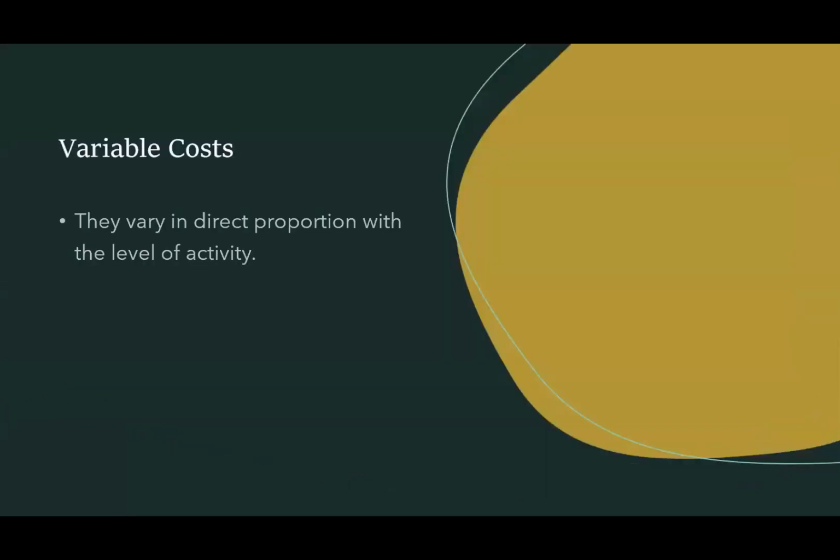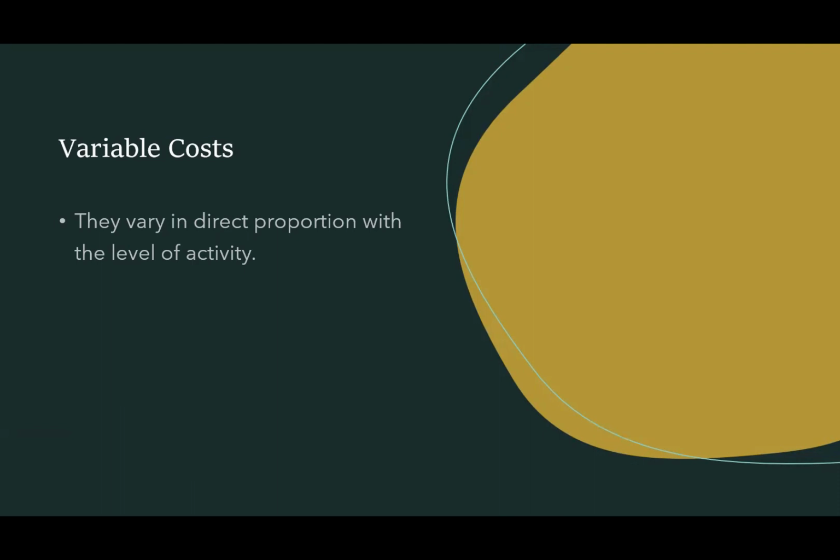Now, what is variable cost over here? Basically, this cost will change in direct proportion with the level of activity. For example, if one cake takes 2 kgs of flour at $8 per kg, that makes it 16. So if I want to bake another cake, the cost will go to 32.